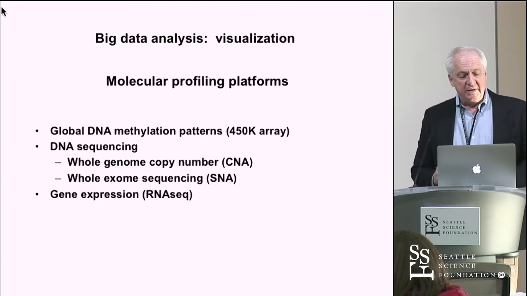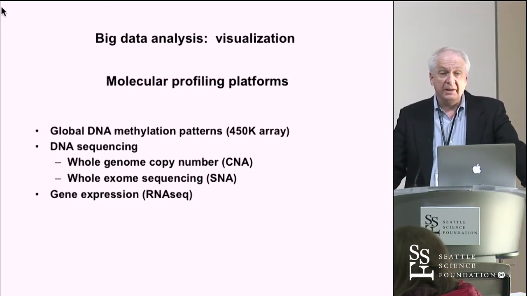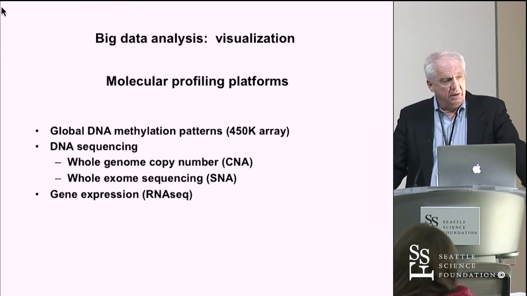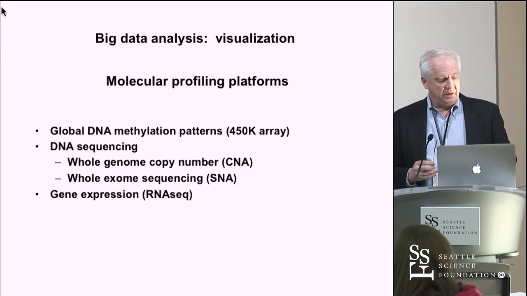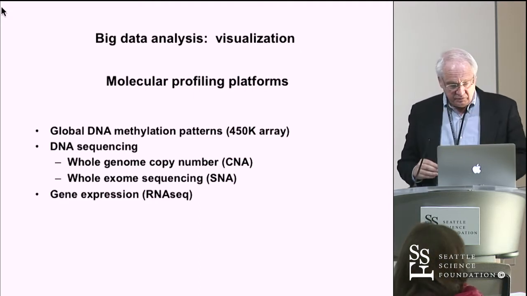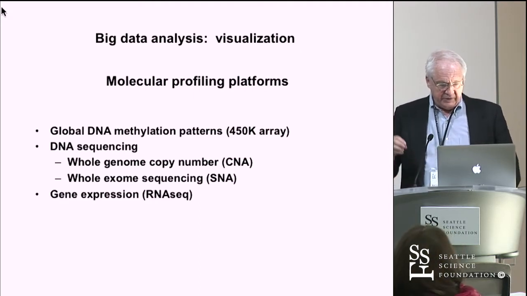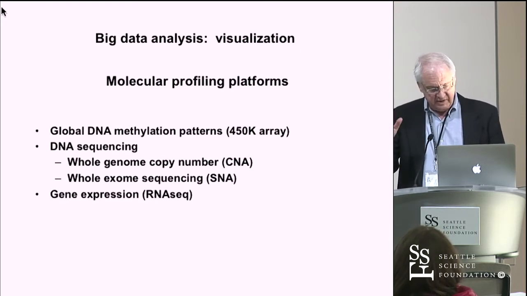What the TCGA has, just to remind everybody, is methylation data across the genome. It has DNA sequencing information as far as copy number across the genome. It has exome sequencing across all the exomes. It also has RNA-seq for expression analysis. So you have that for every patient, and you have some, in the TCGA case, not great, but reasonable clinical data.